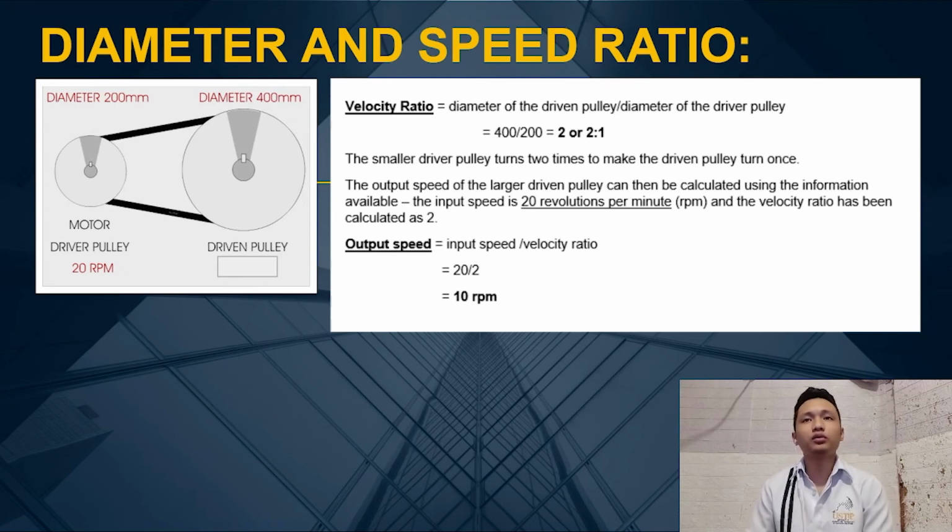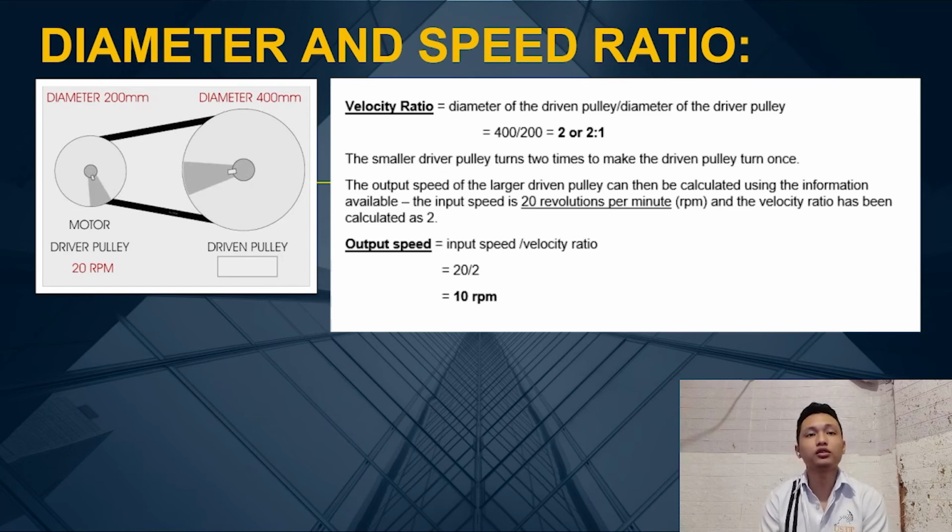The smaller driver pulley turns 2 times to make the driven pulley turn once, or the bigger pulley turn once. The output speed of the larger pulley can be calculated using the information available.